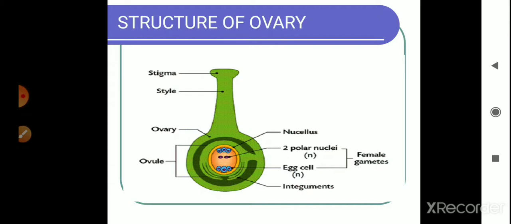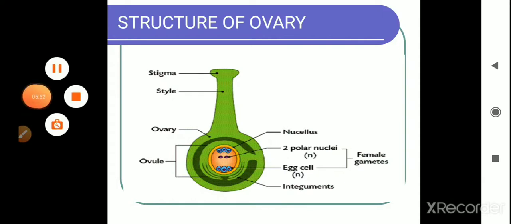So that's all about megasporogenesis and development of the female gametophyte, and the process of megasporogenesis contains different steps, 2 types of cell division: meiosis, and then 3-time mitosis. Thank you.